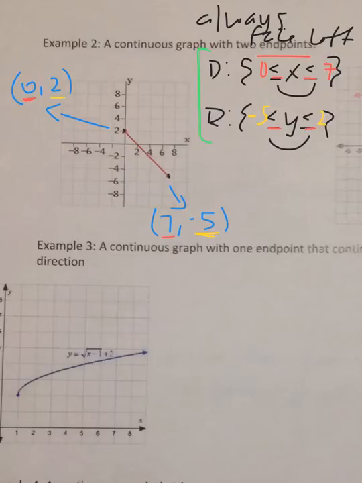So if you're looking at your coordinate grid right here, you can see that your x's are only going to go from here to here. Those are your x's. That's as far as they go, from 0 to 7.